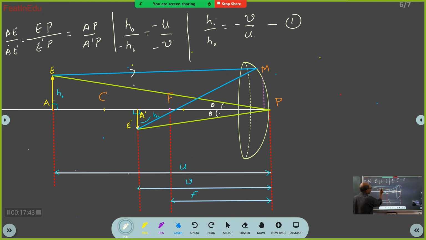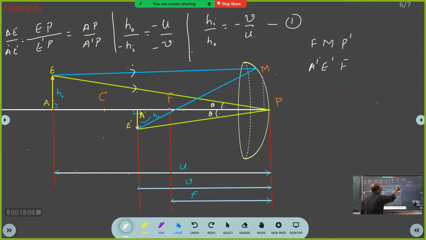Okay, understood? Right? So now you see the triangle FMP dash. This one triangle. And one more triangle A dash P dash. And F, A dash, E dash, F, this triangle.